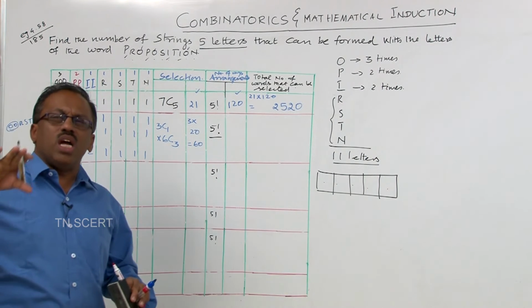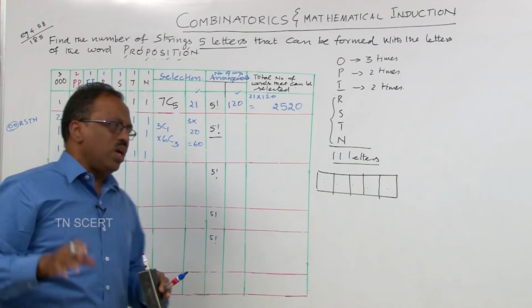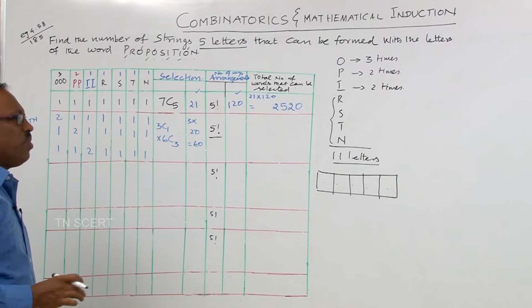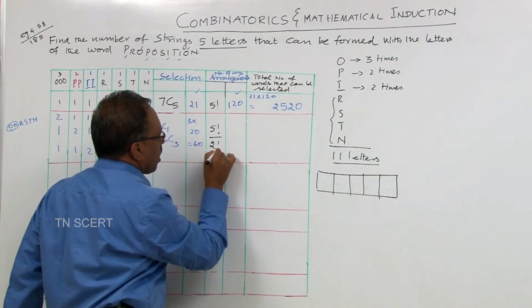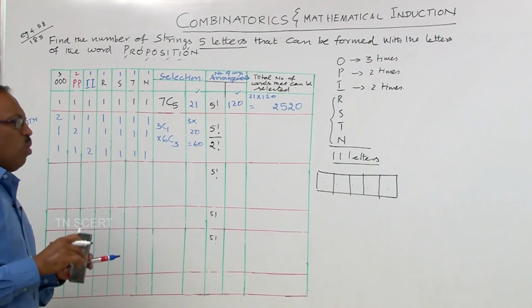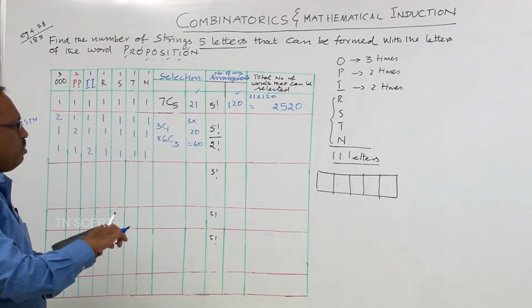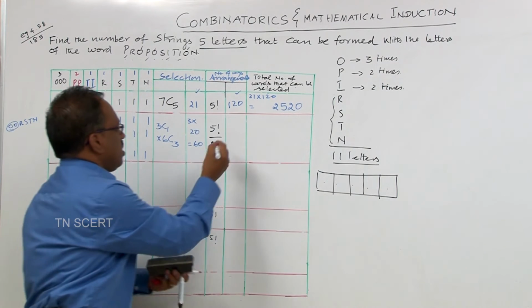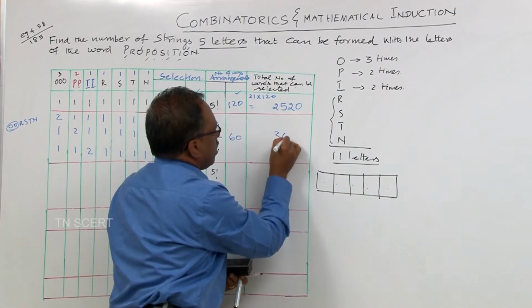Depending on the words that we are going to use, obviously the result will vary. Here, 5 factorial is divided by 2 factorial, because 2 letters are repeated. For that, what would be the answer? 5 factorial is 120 divided by 2, which is 60. So 60 into 60, 6 6s are 36, 3600.